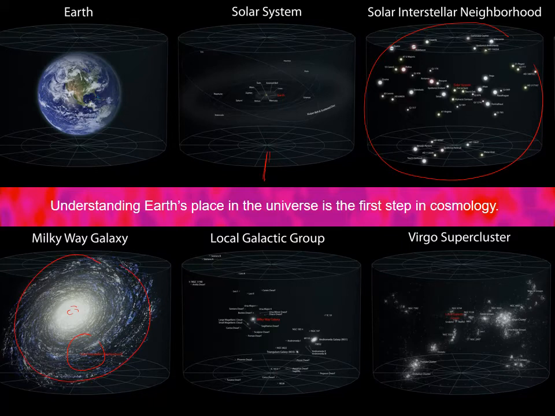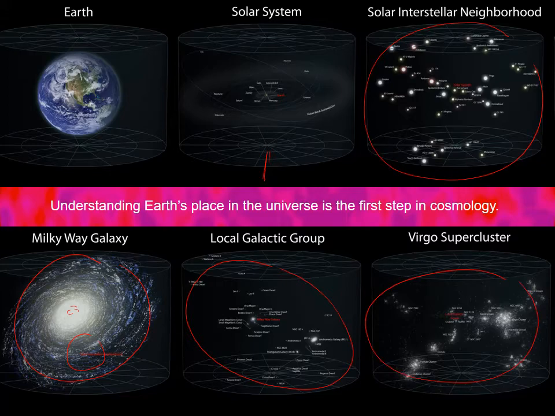At the time, they had this big debate: is our galaxy the whole universe, or is there something beyond the galaxy? Eventually, Hubble discovered that those other spiral things in the sky were, in fact, objects like our own galaxy, so our galaxy became just one of a variety of things. Then they realized that galaxies form clusters, and the clusters tended to clump around other clusters to make superclusters.